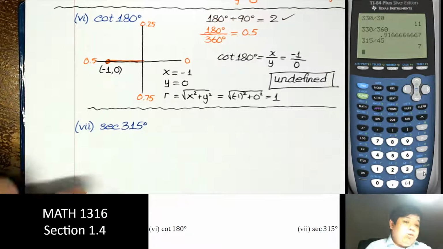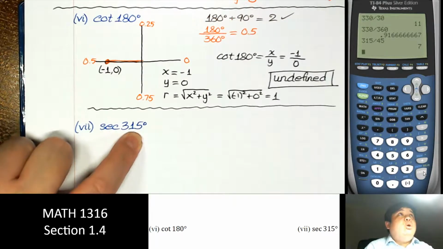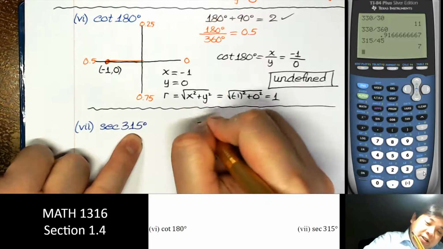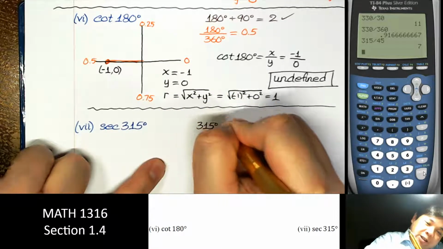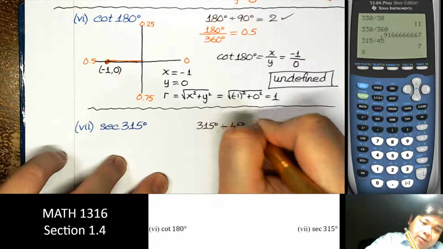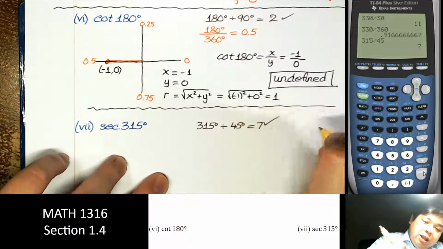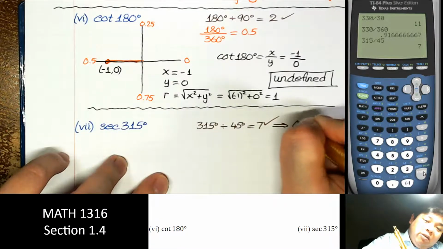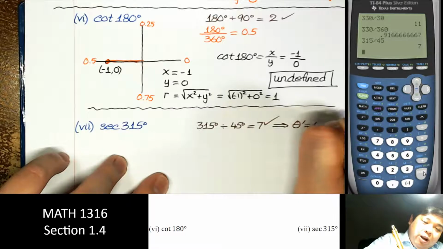Because if it ends with 5, it cannot be divisible by 30, 60, or 90. Only chance for it to work is 45 degrees, and it does. Yes, so it comes out nice and even, so the reference angle is 45 degrees.